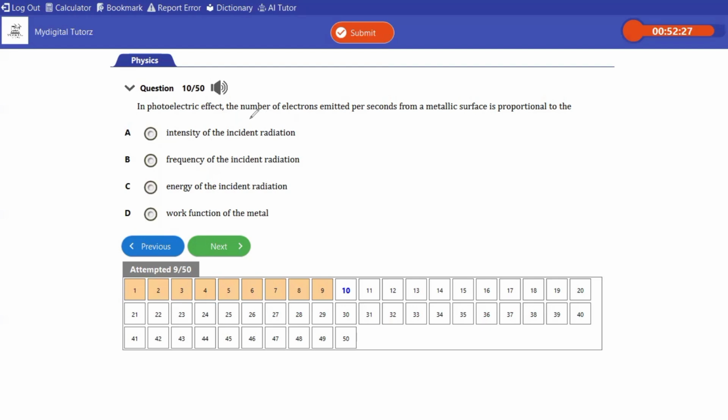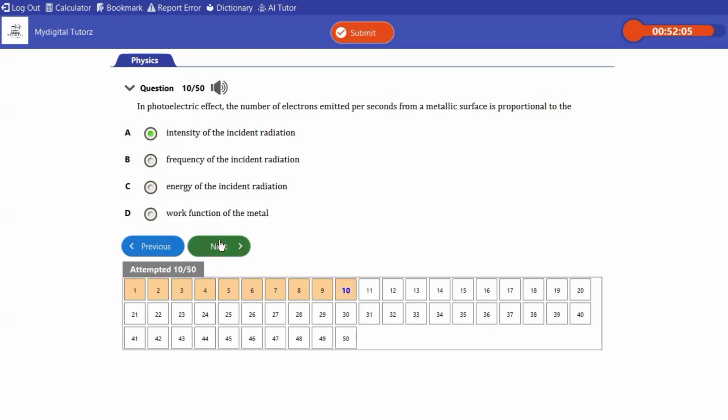But when it is in terms of the number of electrons, it is proportional to the intensity of the incident radiation. I hope we are together. So take note of this kind of question. They can just vary this type of question and you don't have to get yourself confused. So the correct option here in this case is the intensity of incident radiation.